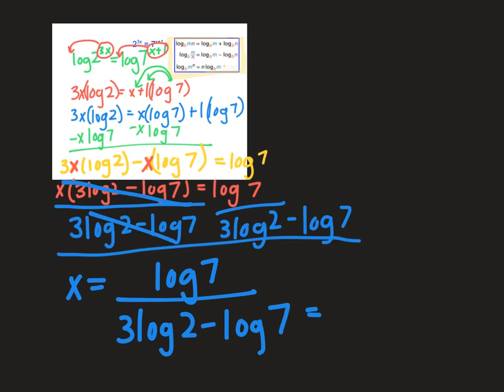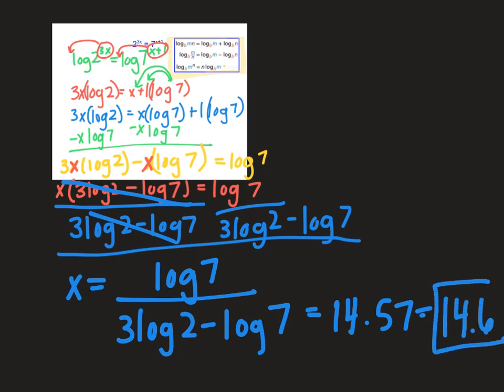And this whole thing would be 14.57, which is 14.6 as your final answer. Mostly when I'm doing this, please make sure this is closed. Do an extra parentheses here, close these ones, and then do a double on the end, and you'll be good to go.